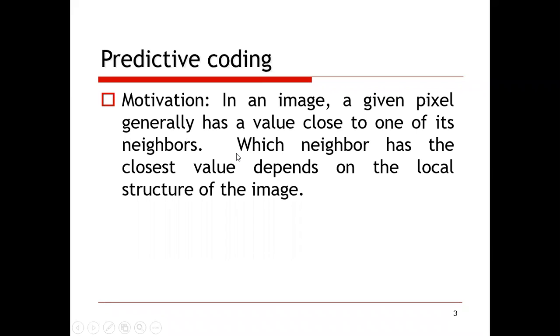The motivation is that in an image a given pixel generally has a value close to one of its neighbors. Which neighbor has the closest value depends on the local structure of an image. Our target is to find the predictive value of the given pixel based on the neighboring pixels of that pixel.